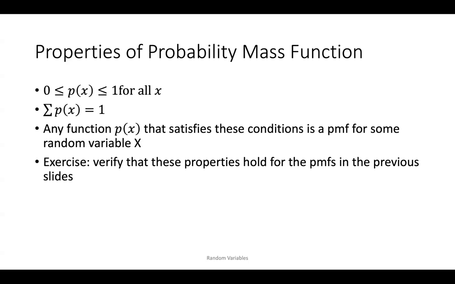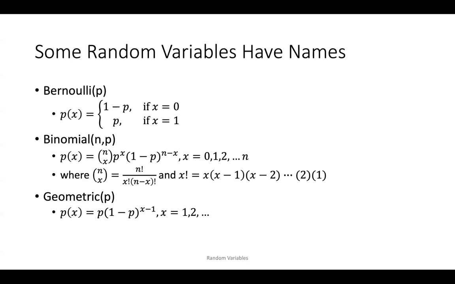As an exercise, I ask that you verify that these properties hold for the probability mass functions in the previous slides. And as I mentioned, some of these have names. The Bernoulli random variable is the one where we were just flipping the coin once and seeing whether it's heads or tails.